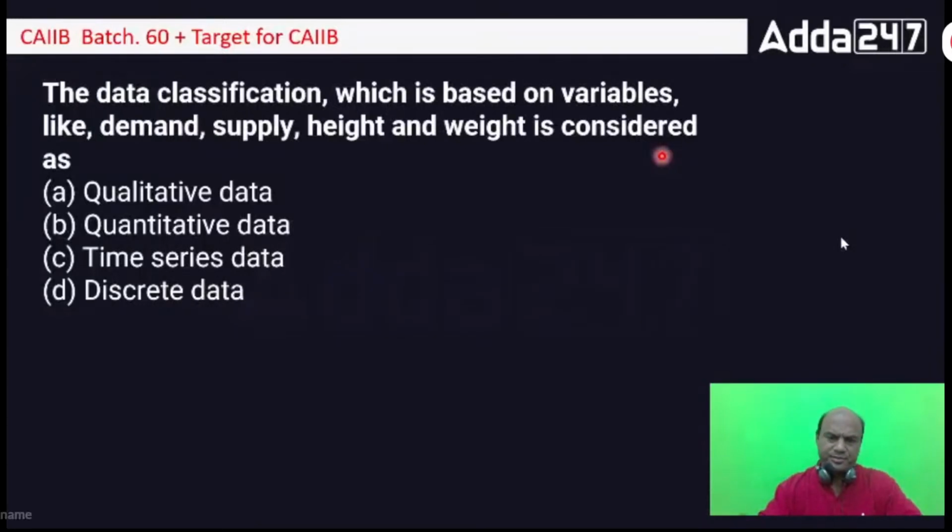Out of this, roughly 3 to 4 will be numerical based. 3 to 4 will be of module A. 1 or 2 will be from HR. 1 will be from HR.